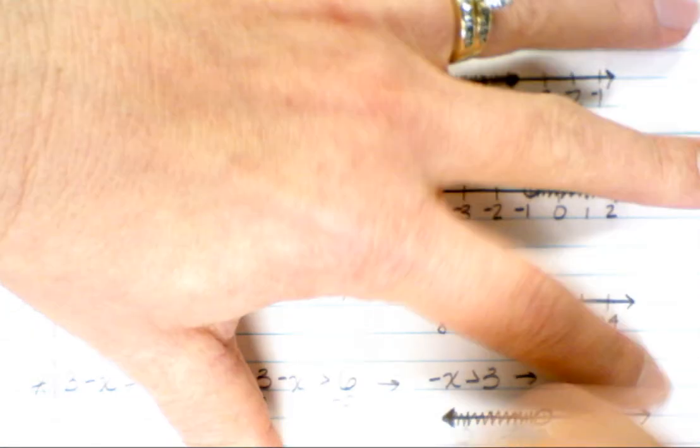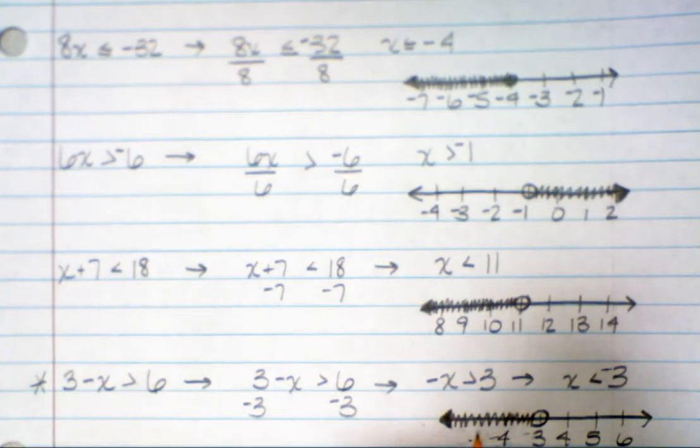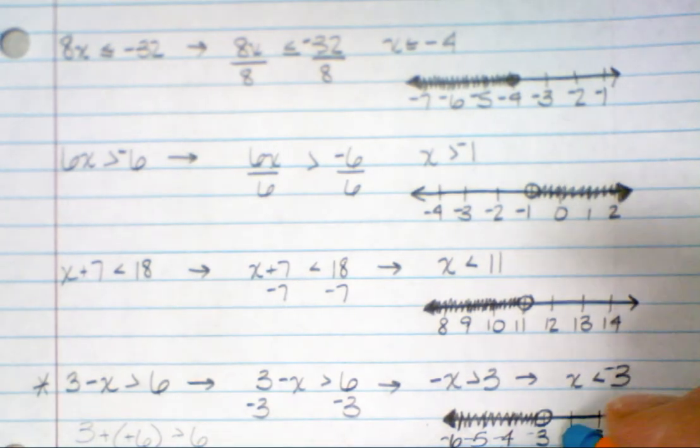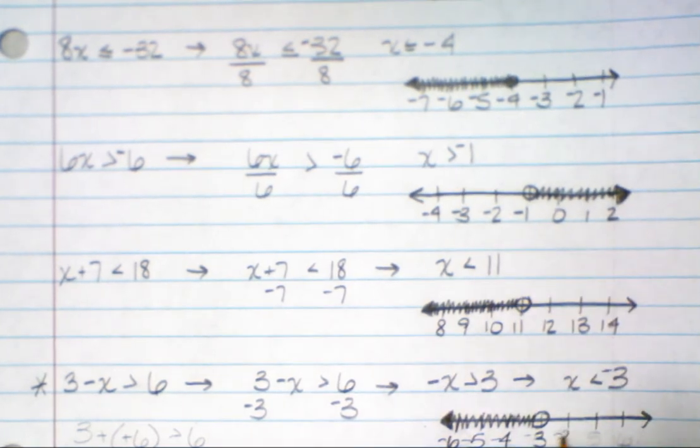So let's look at what that would look like as far as a solution then and why we have to switch it. So let's put negative 4, negative 5, negative 6. So negative 6 is a possibility. So if I were to go back over here to my equation and I write 3 minus negative 6 has to be greater than 6. And so by double sweeping, I get 9 is greater than 6. So that is, in fact, an answer. Now, again, if I switch these here, 0 is not a solution.